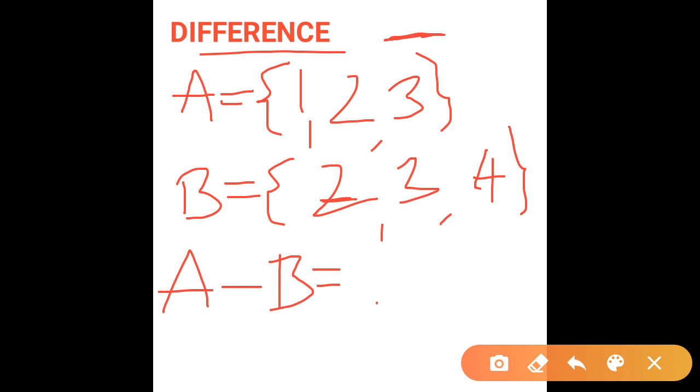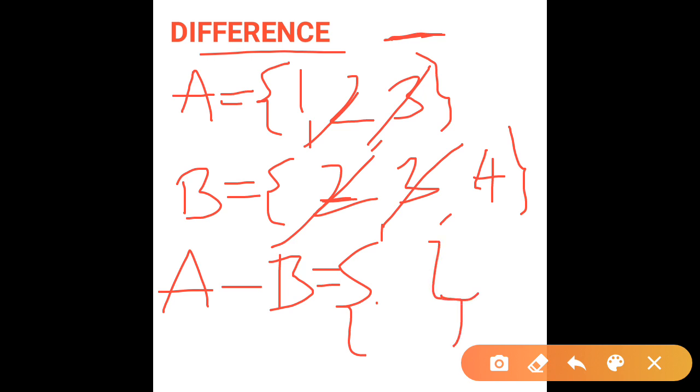Common elements means similar elements. So 2, 2, the same elements, that's why I'm cutting, and 3, 3, the same element, that's why I'm cutting the 3 also. So you should write the remaining elements.